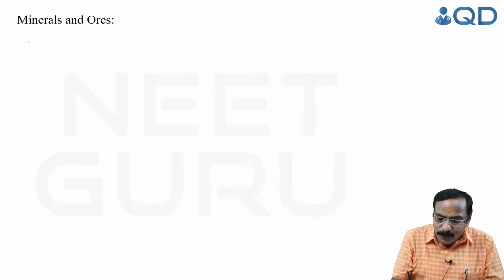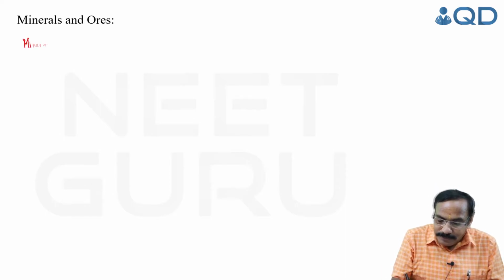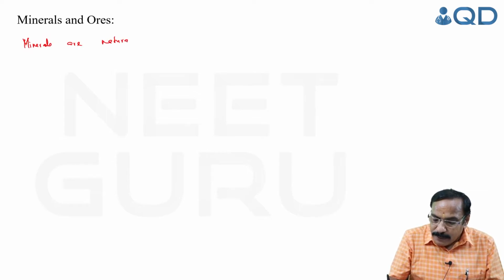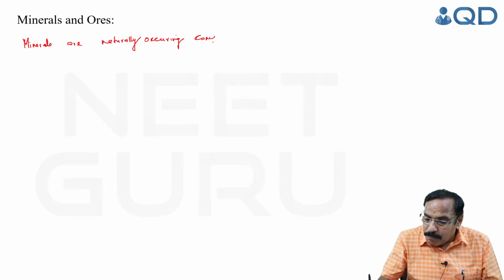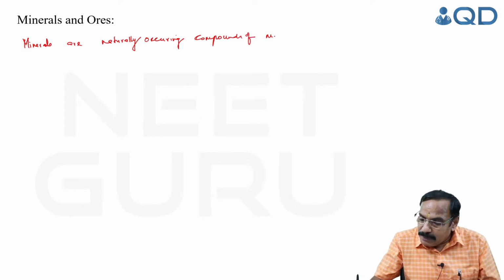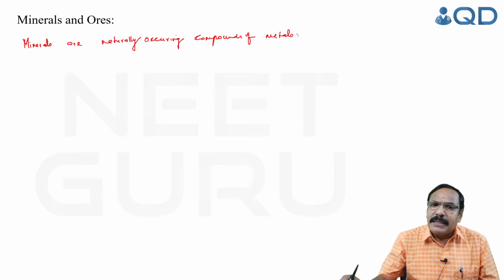So, minerals are naturally occurring compounds of metals, since we deal with metals.